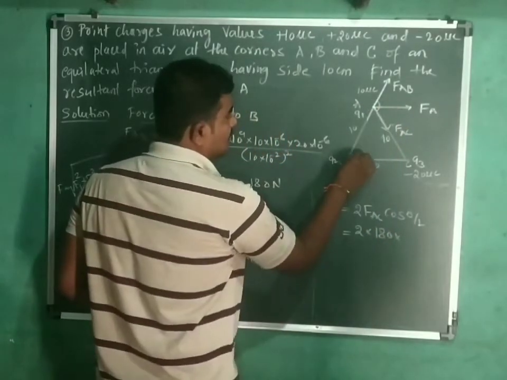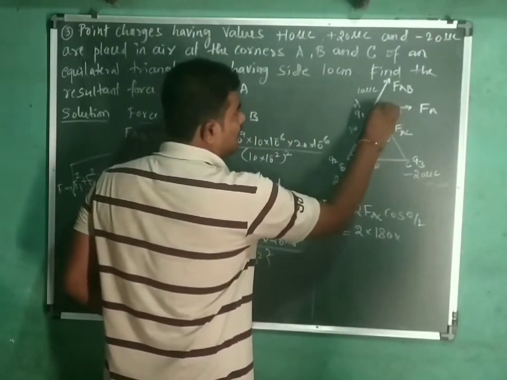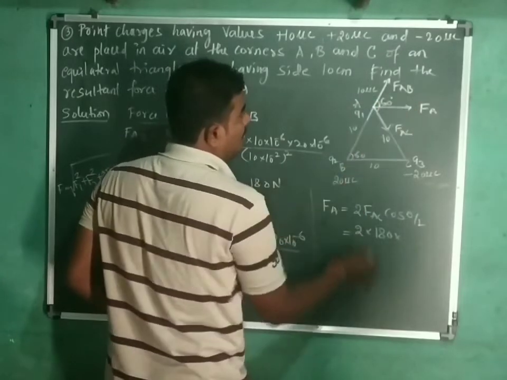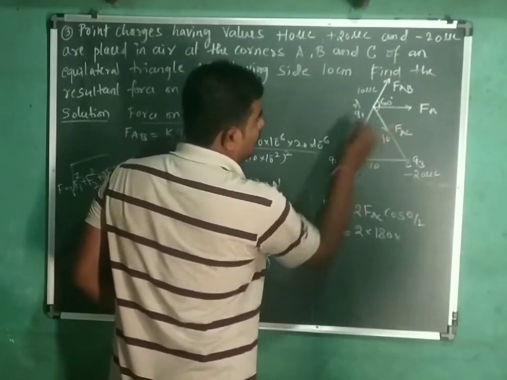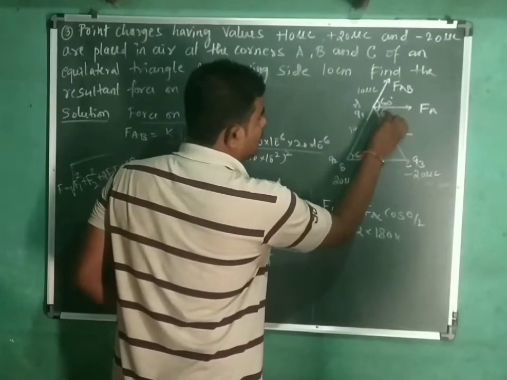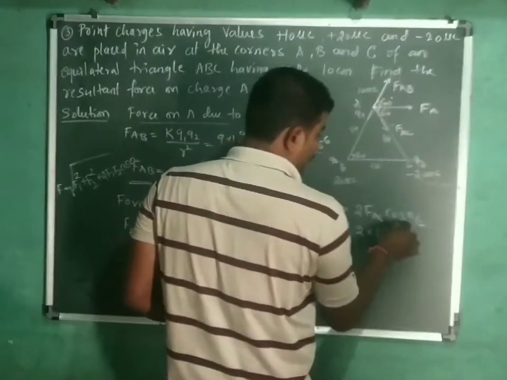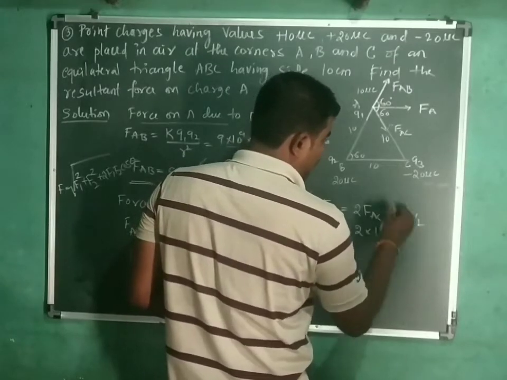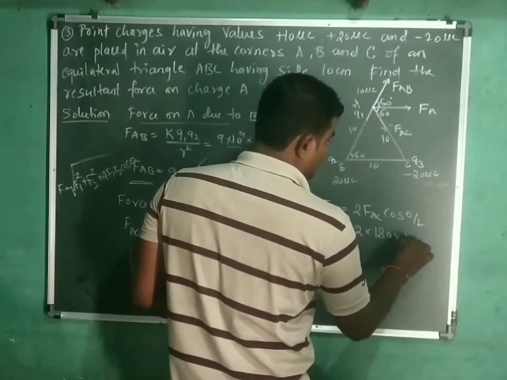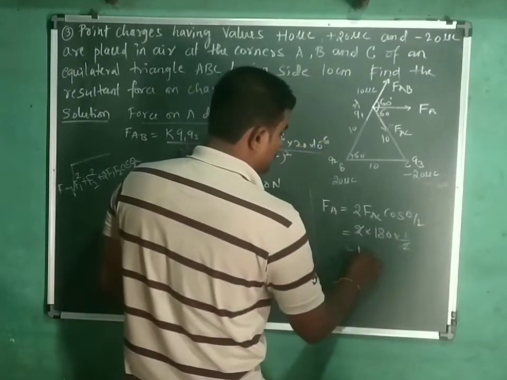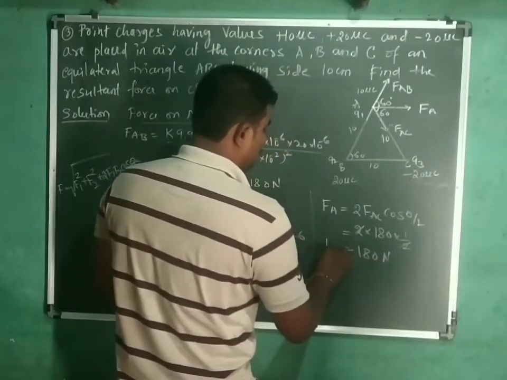See here, this is 60 degree, therefore this is also 60 degree, and this is also 60 degree. So 60 plus 60 is 120. Therefore 120 divided by 2 is cos 60, and cos 60 is 1 divided by 2. So 2 is cancelled. What is remaining? 180 Newton.